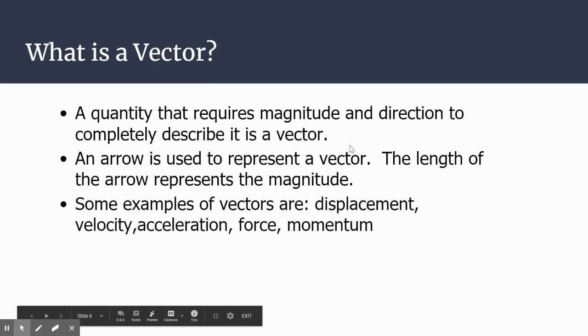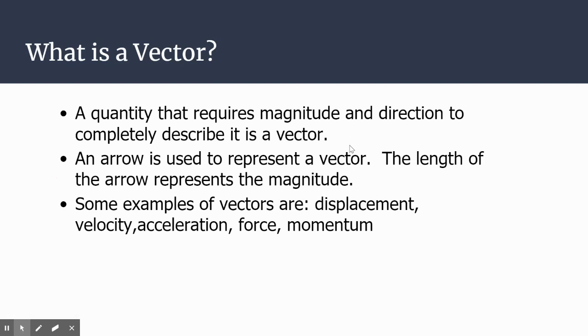Some examples of vectors are displacement, velocity, acceleration, force, and momentum. These are all topics we'll get into, some soon, others much later, but those are examples of vectors, and you'll see that when we get to them. We'll start by describing displacement.